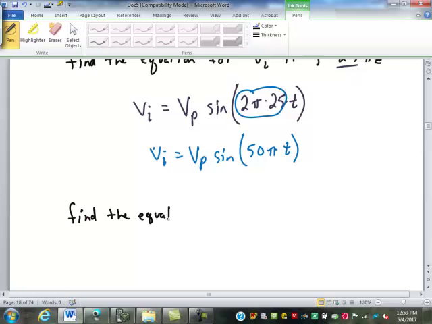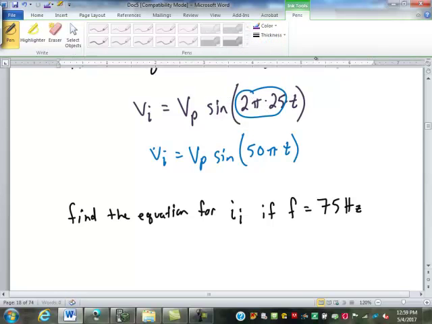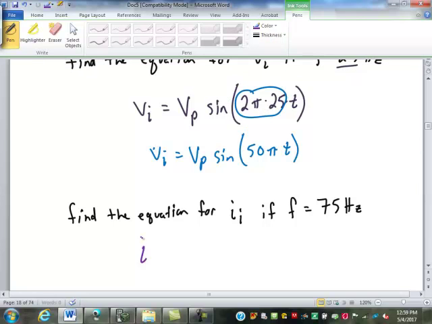Find the equation for the instantaneous current if the frequency is 75 hertz. So again, we go back to that basic equation.